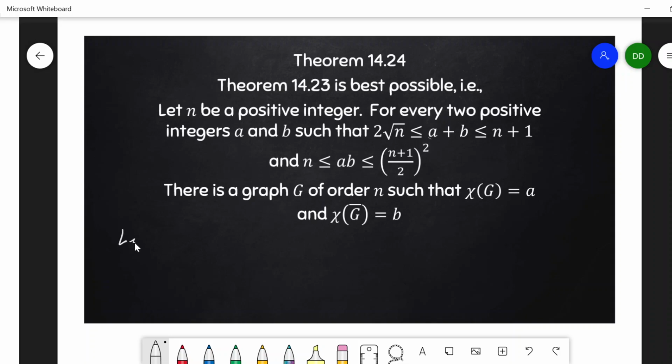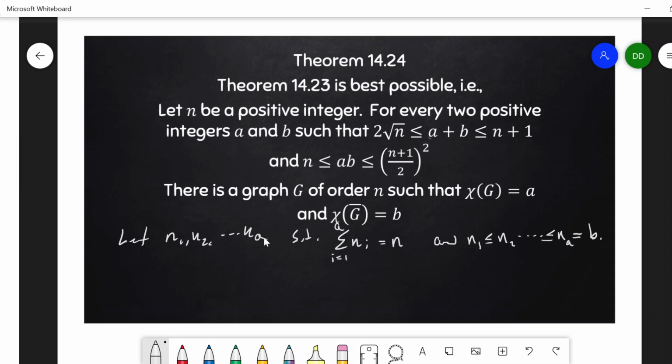And so how does this work? Well, once we picked a up here and b up here, we choose a positive integers, n1 up through n sub a, such that their sum is my positive integer n, the order of the graph, and such that, ordering these in non-decreasing order, the largest number, n sub a, is b.